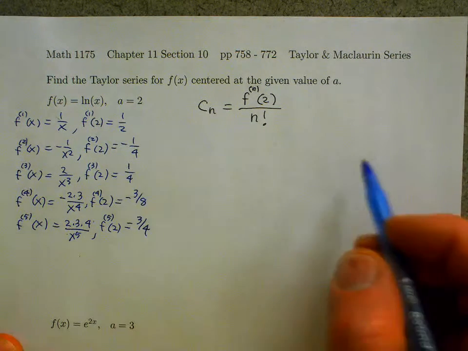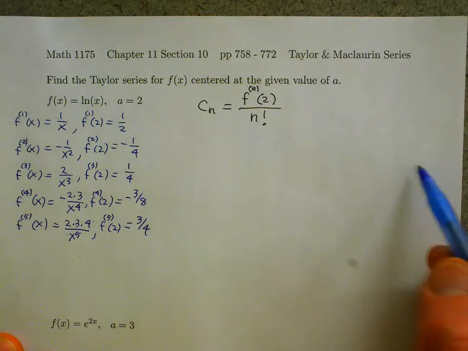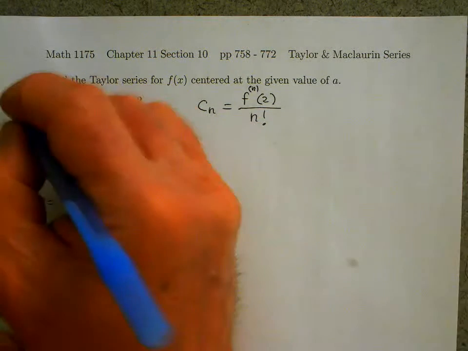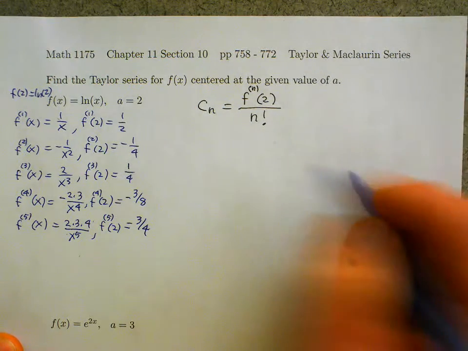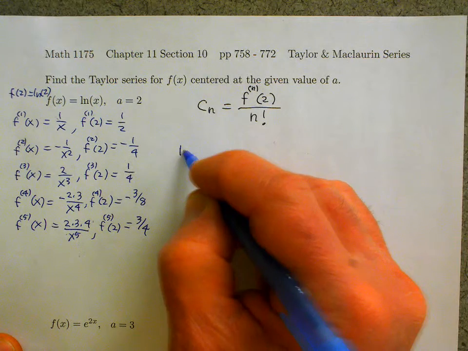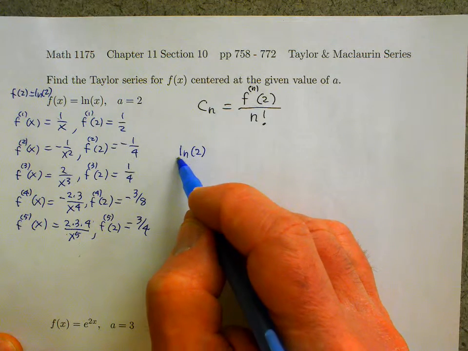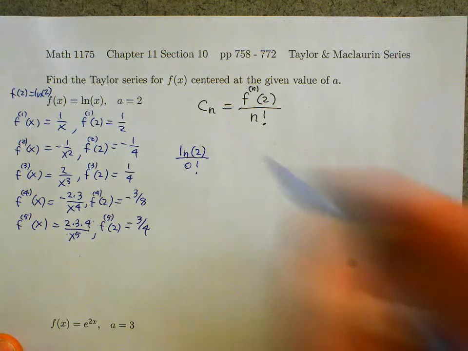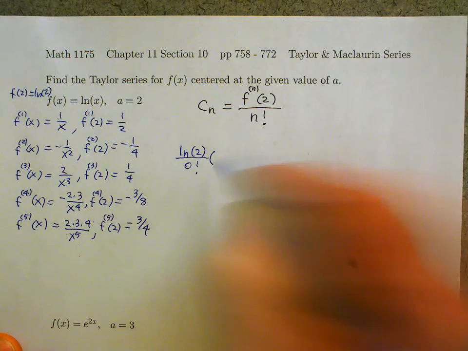Okay, so we can begin writing the Taylor series. So we need f of 2. F of 2 is just the natural log of 2. Okay, so the Taylor series, natural log of 2 over 0 factorial. So I'll go into some detail just to make sure we cover the bases.